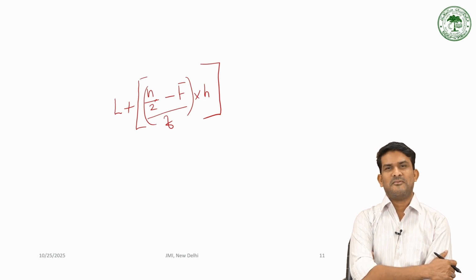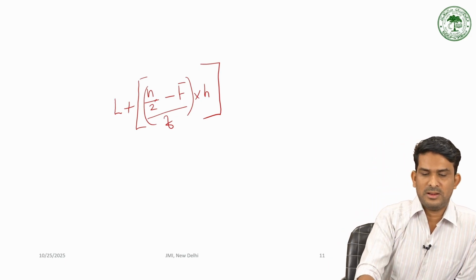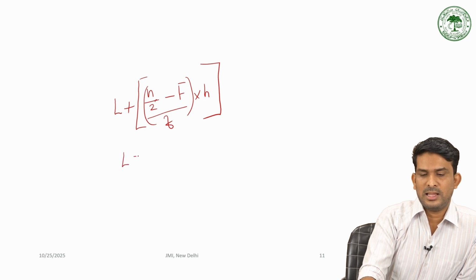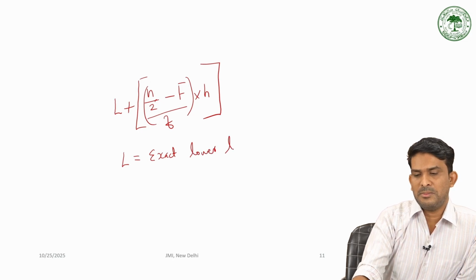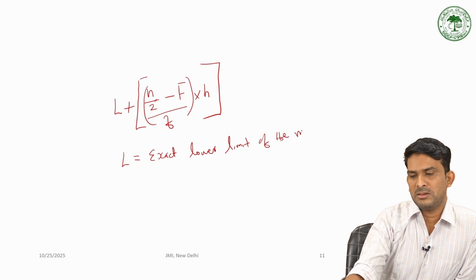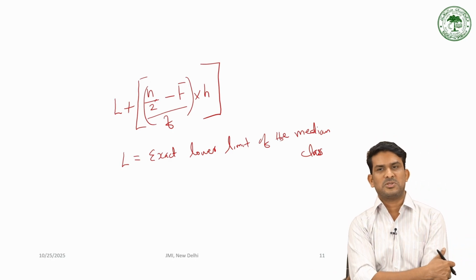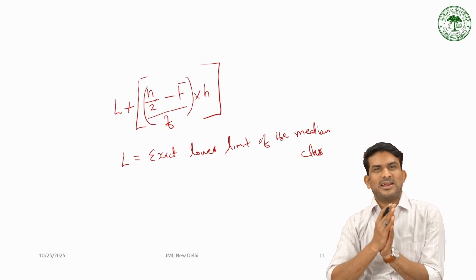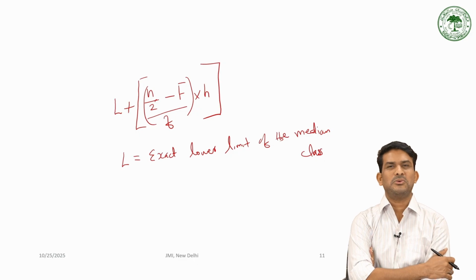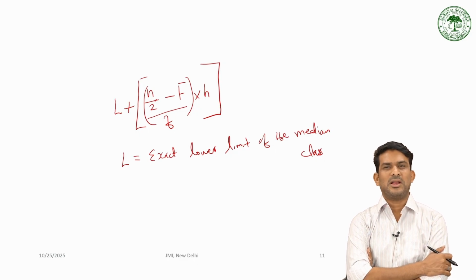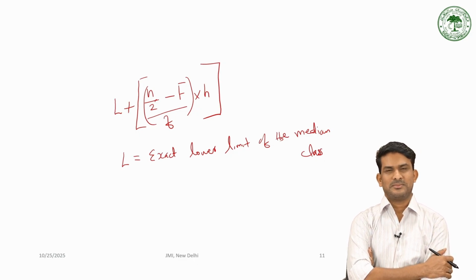So what is everything, one by one? What is L? L is the exact lower limit of the median class. So we have to identify where the median class comes. We will identify how to find the exact lower limit of the median class.